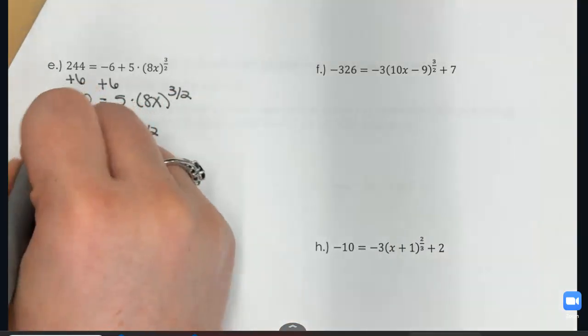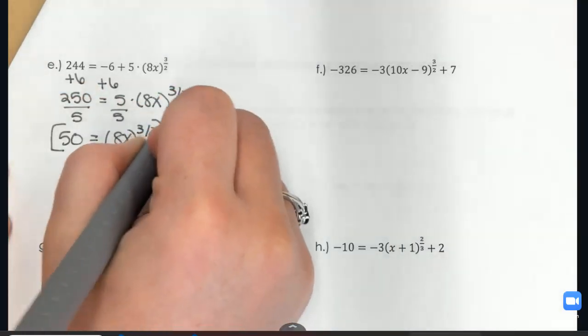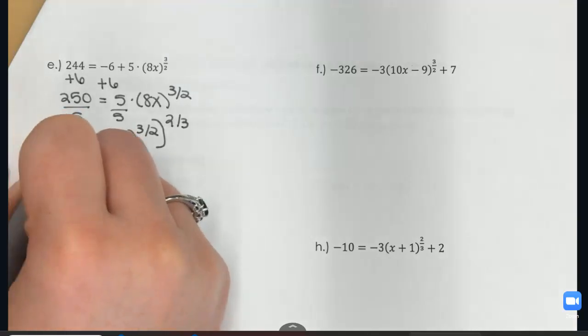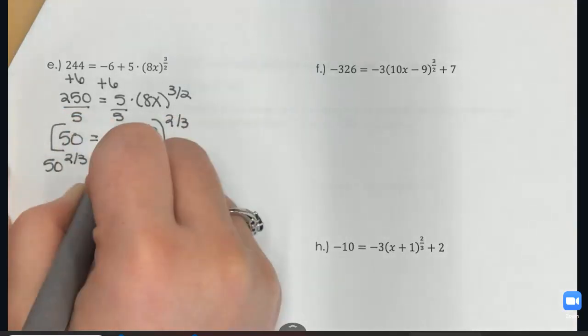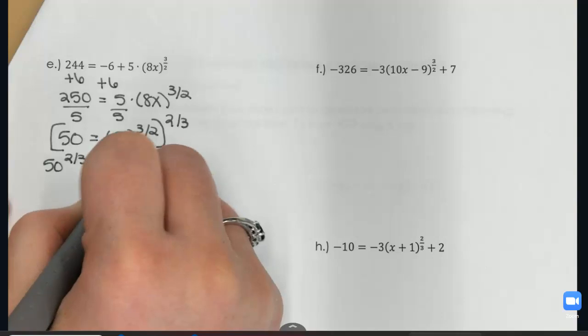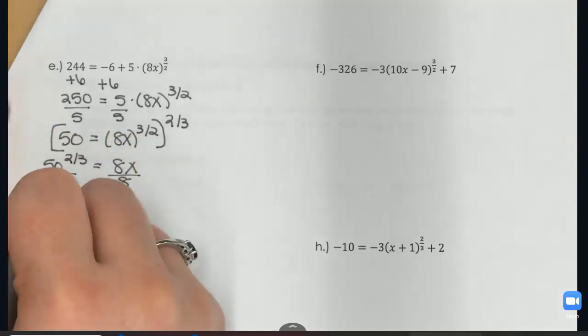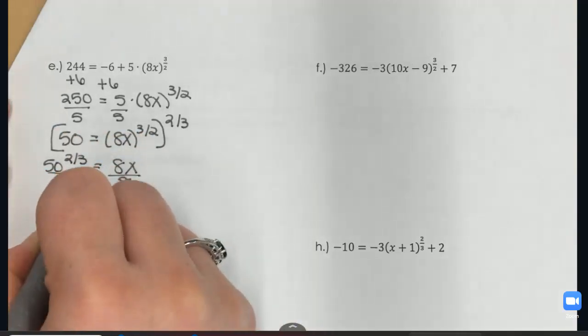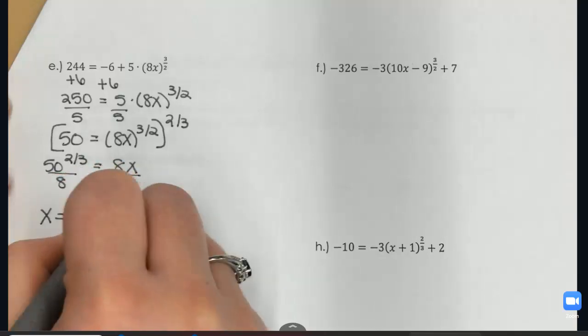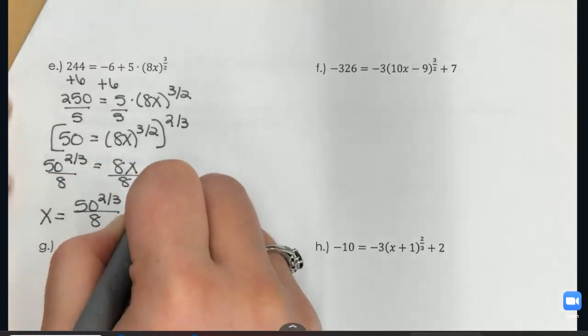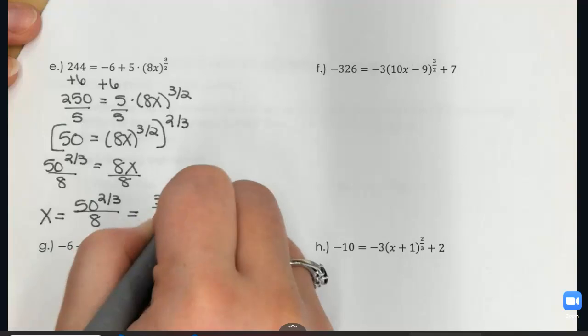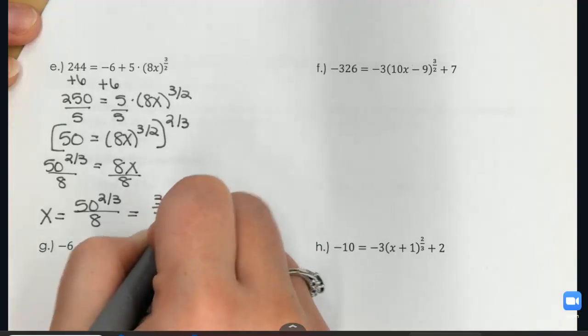Okay, my reciprocal exponent here is to the 2/3 power. And then I just need to divide by 8. So we can leave this as an exponent, 50 to the 2/3 divided by 8, or cube root of 50 squared over 8.